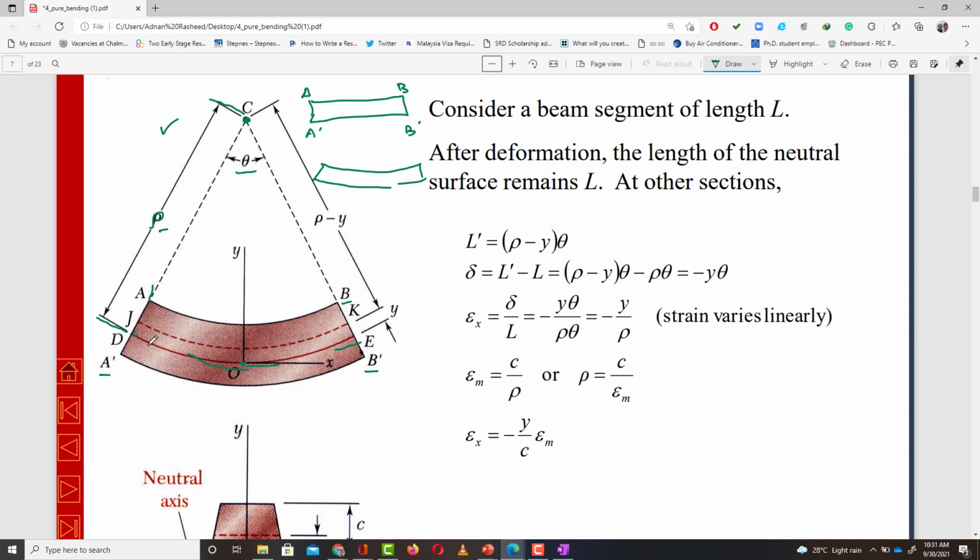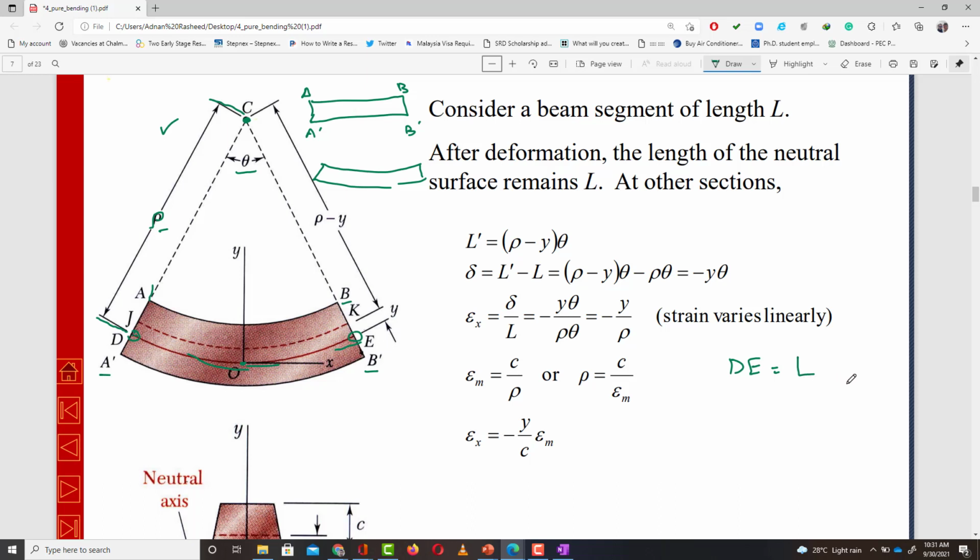So we know that the initial length DE is equal to what? DE is actually the length of the beam. D is the neutral axis, and we have explained that the length of the neutral axis does not change.